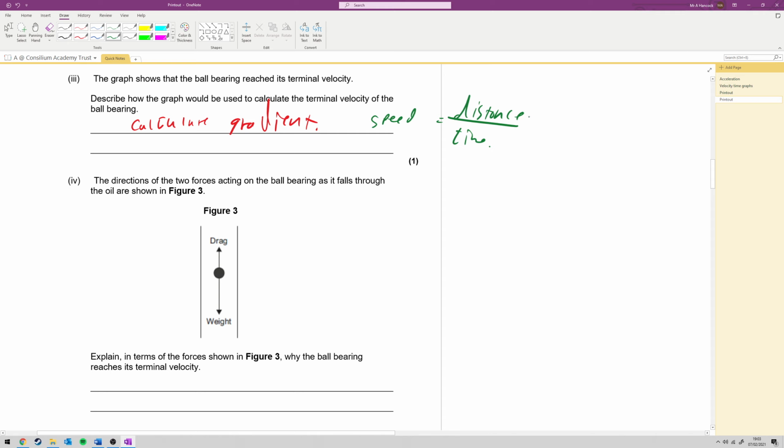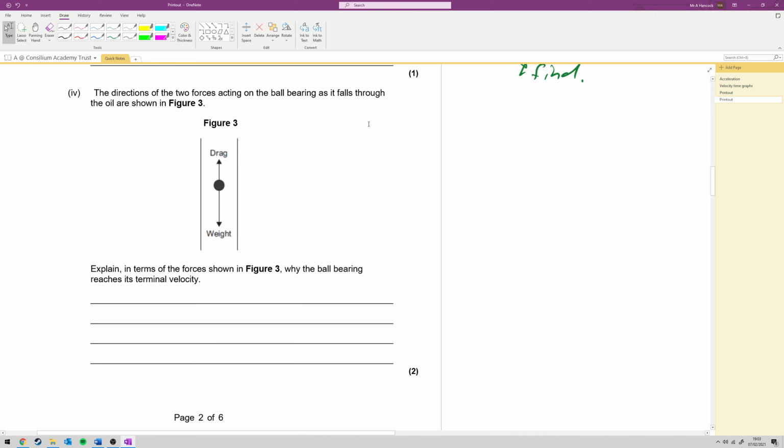So then you could plug values in, or you would just say, find the distance it traveled, find the time, use this equation. What you've actually done there is describe how to calculate the gradient, but that doesn't really matter because you've still got the answer correct.